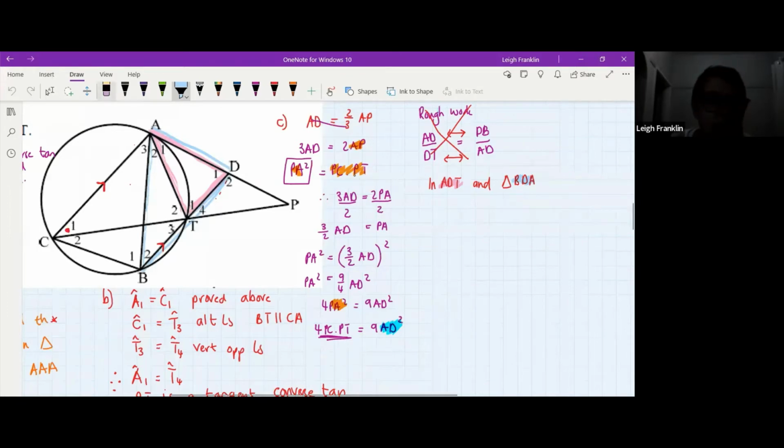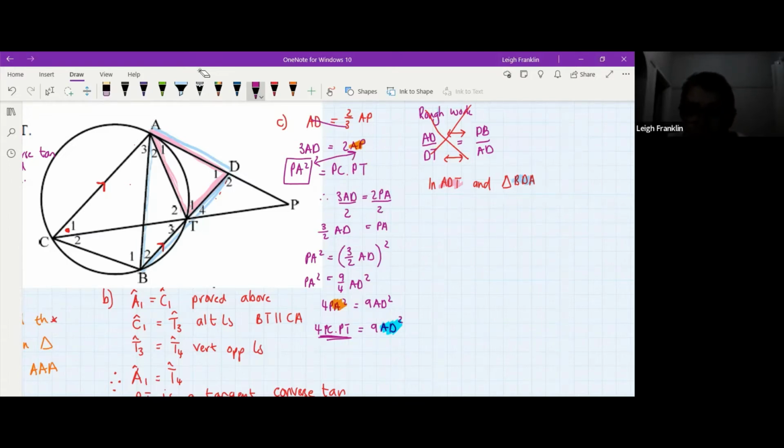Okay, so the link between these two is here. Both have got an AP in them, so there's no obvious place to start with this question. So I thought, if I've got a PA in the one and a PA in the other, maybe I must rearrange, make PA the subject of the formula and sub that in, which is what I did.